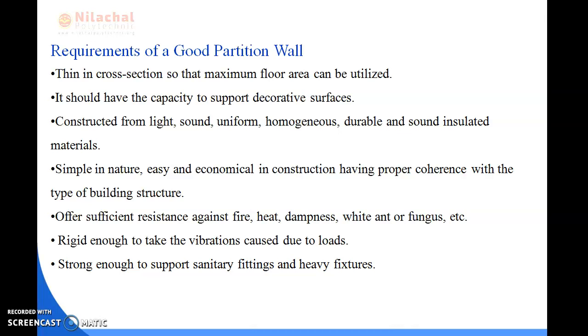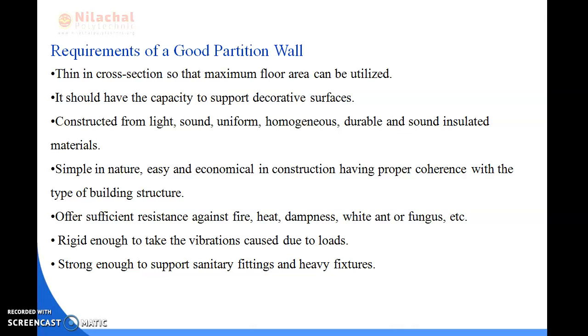Next is simple in nature, easy and economical in construction, having proper coherence with the type of building structure, offering sufficient resistance against fire, heat, dampness, white ant or fungus.